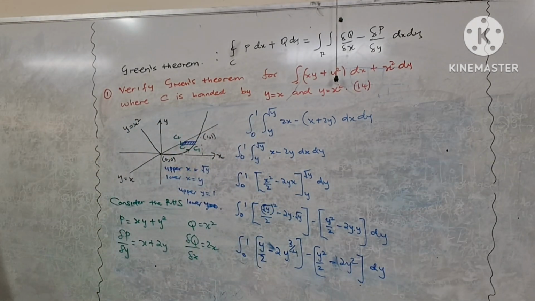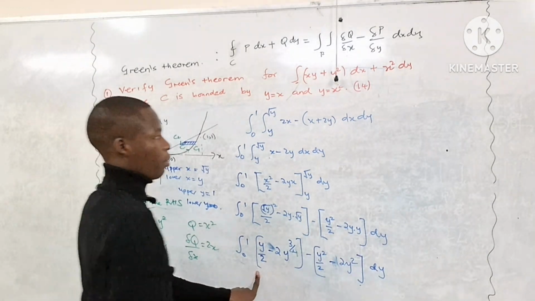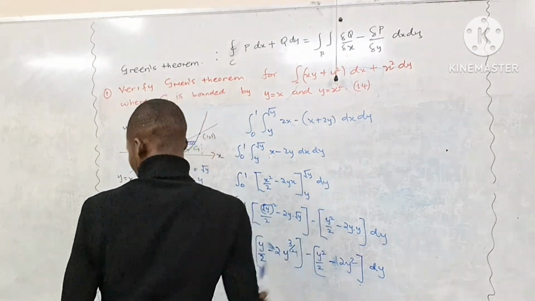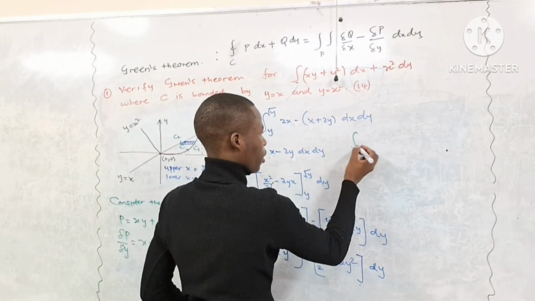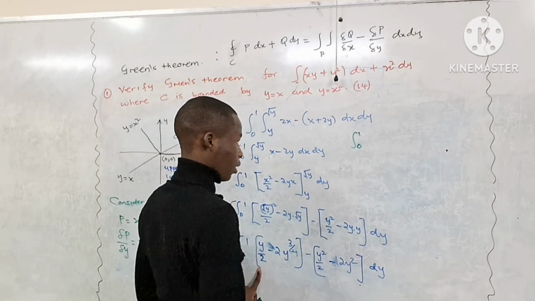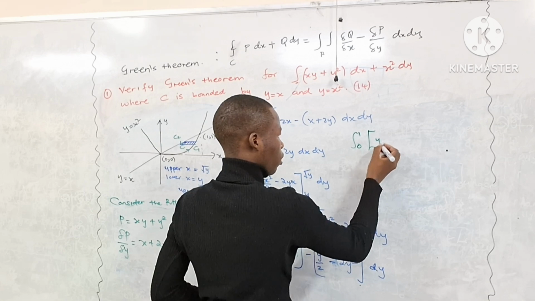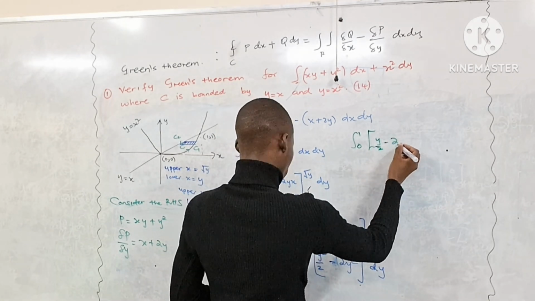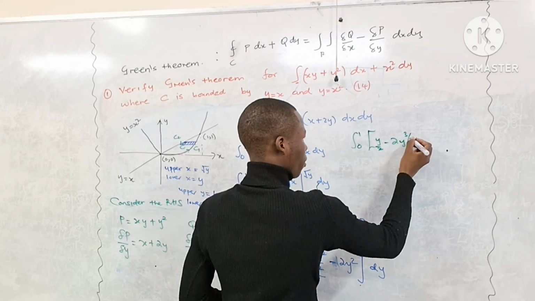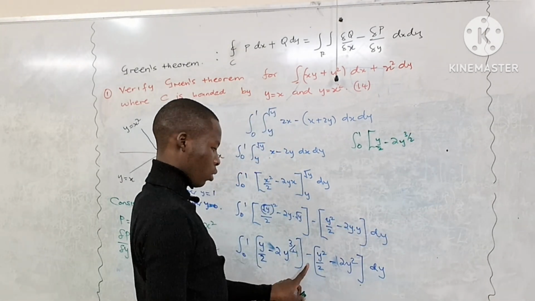Okay, let's move on to the next. We have to simplify this. I'm going to use this part: the integral from 0 up to 1 of y by 2 minus 2y to the power 3 over 2.